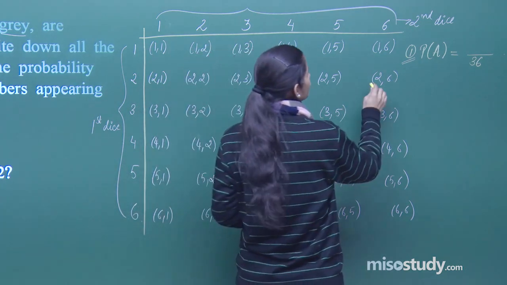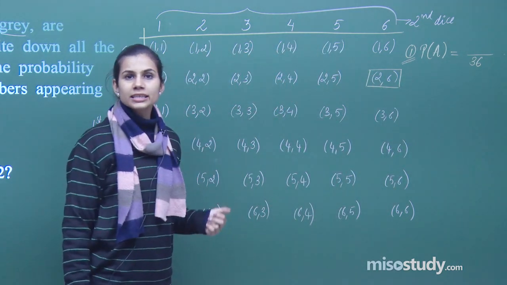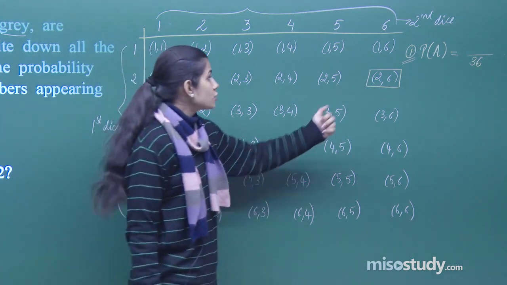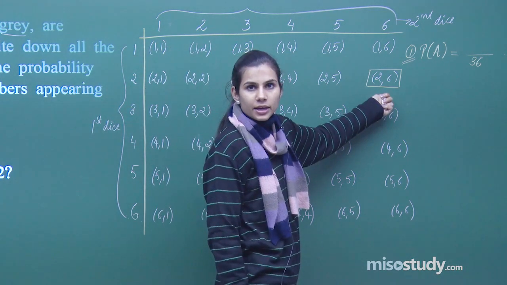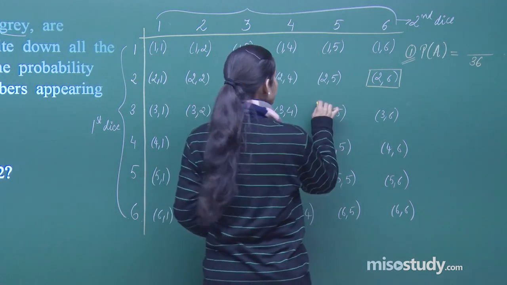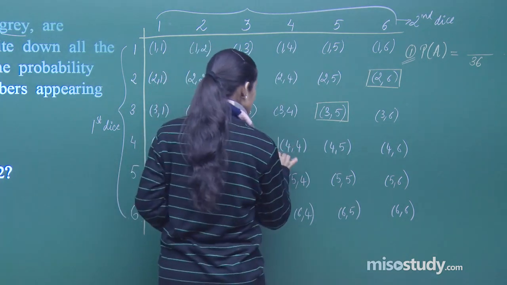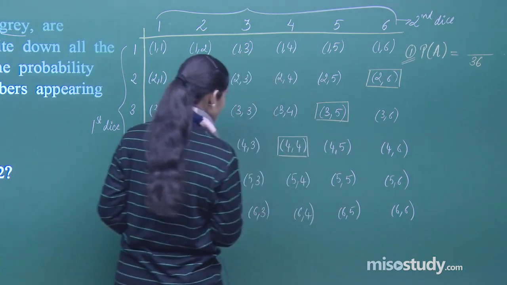But if I talk about (2, 6), then 2 on the first die, 6 on the second gives me 2 plus 6, that is 8. So if this outcome comes up, then this is definitely favoring my event A. After that, you can clearly see this is also favoring event A because 3 plus 5 is 8. This is favoring event A because 4 plus 4 is 8.